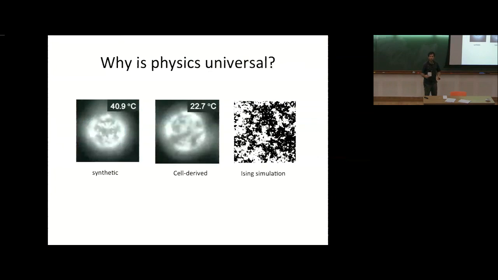And one last question, which certainly seems related, is why is physics universal? So in work that I'm not going to be telling you about much, I have collaborators who are very interested, who do beautiful experiments really with membranes. So what you're looking at here on the left is a synthetic membrane. So it's composed of a few different lipids. And one of them is fluorescent.